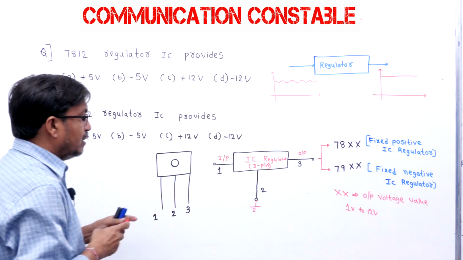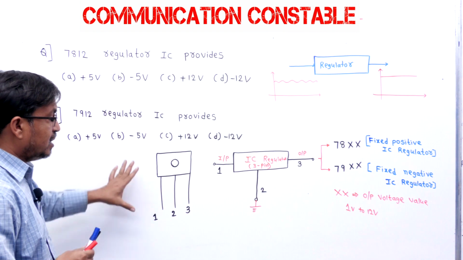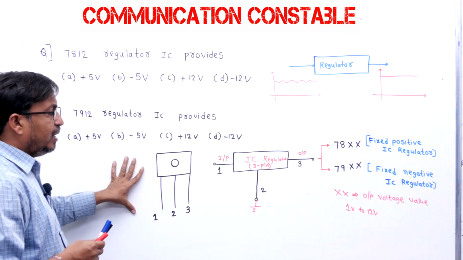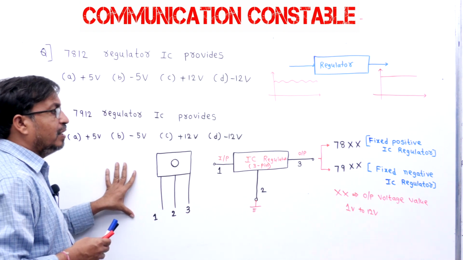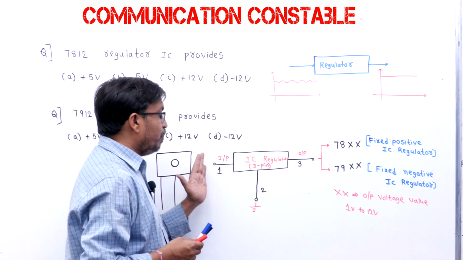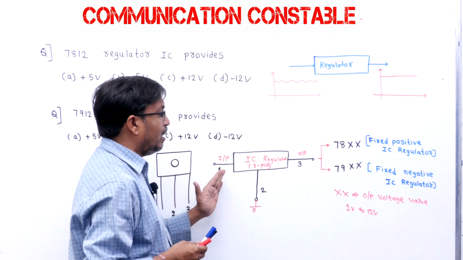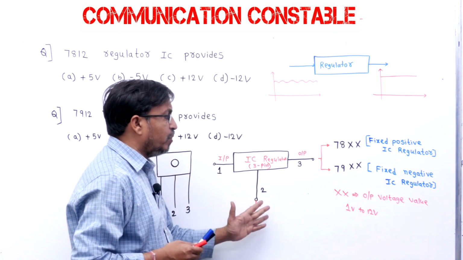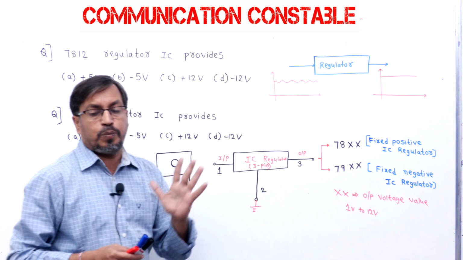So this is the concept: this is an IC regulator, a 3 pin IC regulator. In a 3 pin IC regulator, pin number 1 is the input terminal, pin number 2 is ground, pin number 3 is output.